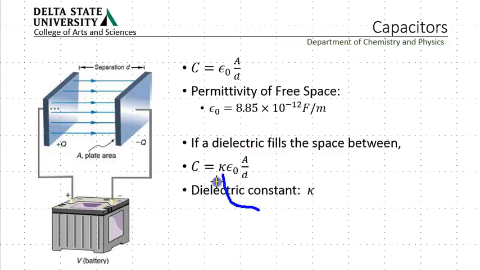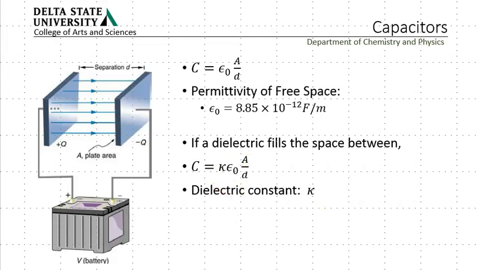That funny looking K is a Greek kappa. You'll know this from fraternities and stuff like that. So capacitance is kappa epsilon naught A over D, where kappa is what we call the dielectric constant.